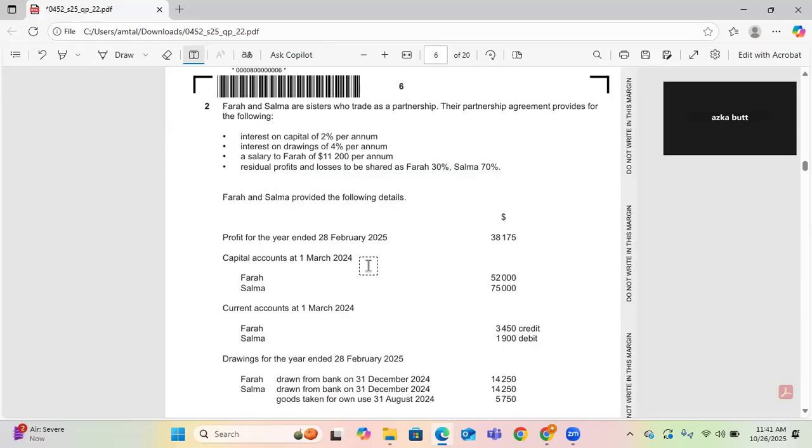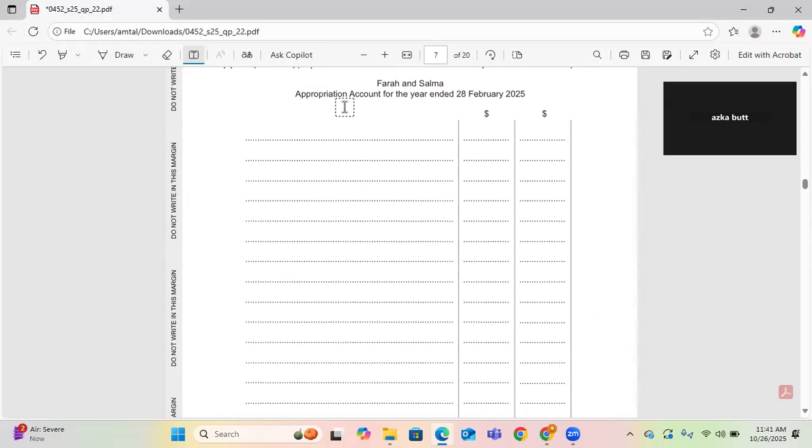Yeah, so we have the profit for the year, which is 38,175. So let's write it first of all. Profit for the year is equal to 38,175.